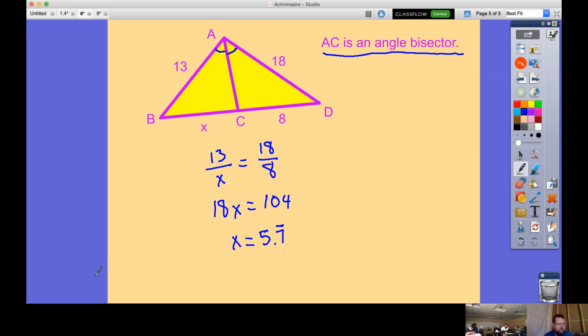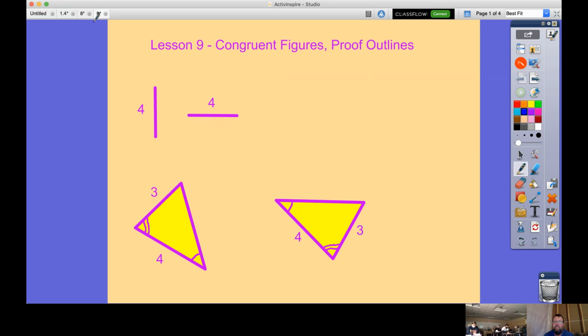Any questions there? As far as temperature goes, not too bad for that one. Good to move on to the next one. All right.